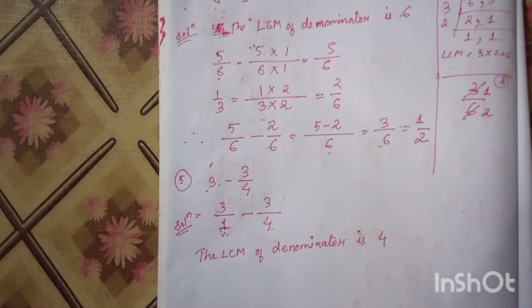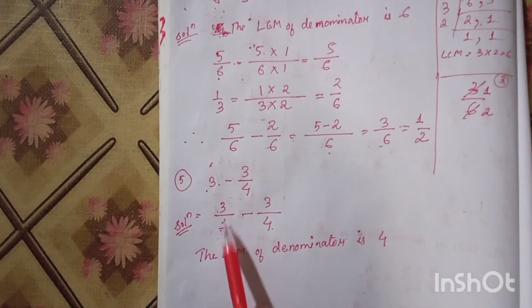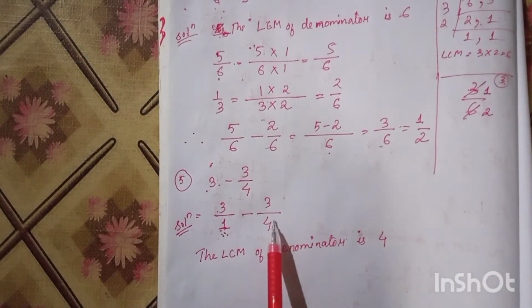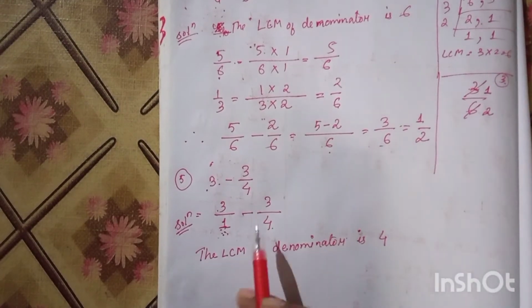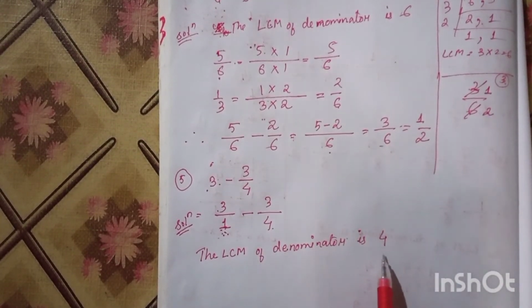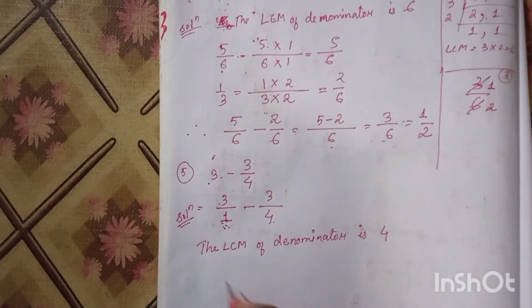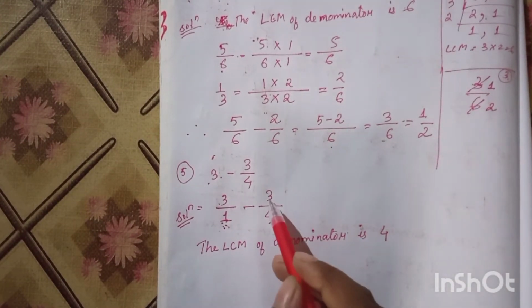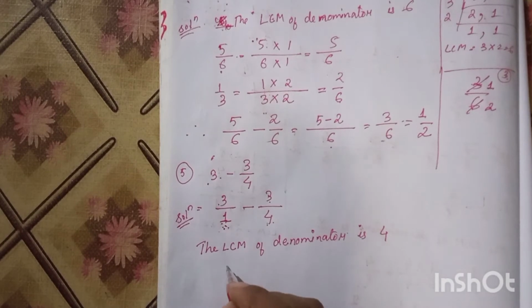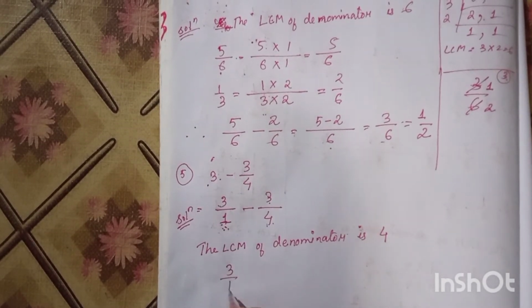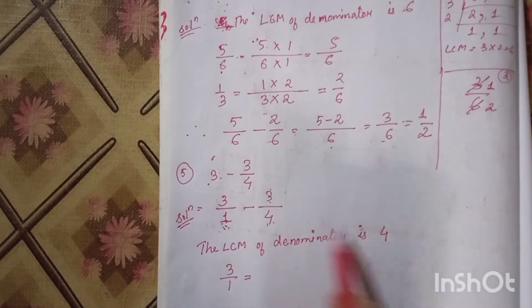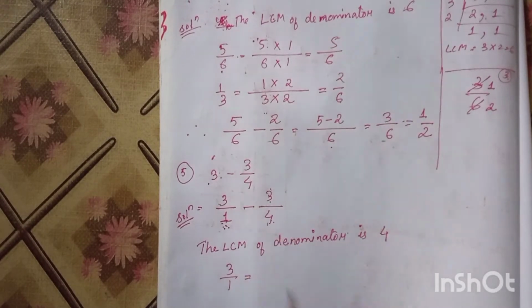No need to find it. If one denominator is 1, the other is another number, then that number becomes the LCM of the two fractions. So this is already in its form, so we are going to convert only this one. It already has 4 as denominator, so no need to convert it.